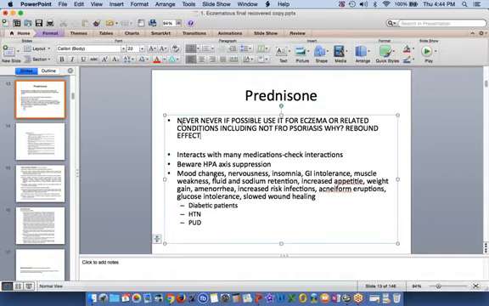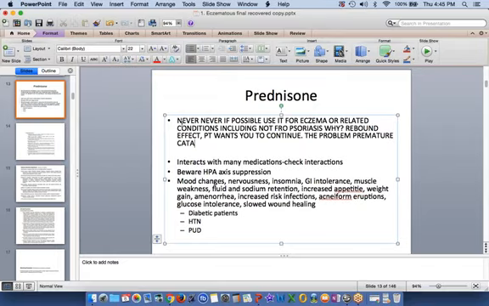The patient is going to want you to continue this because this is what she got better on. And if you do that, you're heading for a long problem, okay? The problem is you better start telling her she's going to get premature cataracts. She's going to get avascular necrosis of the femoral head.